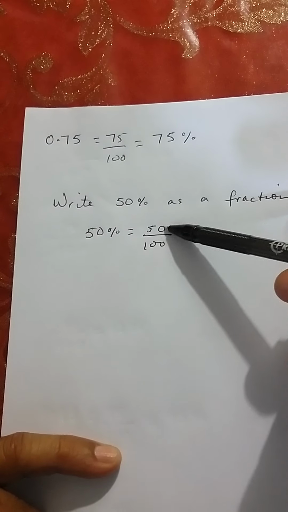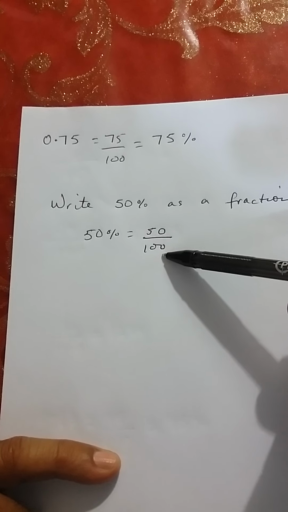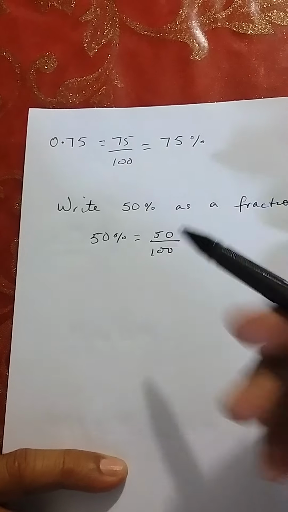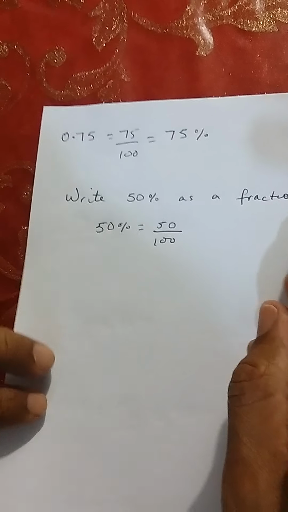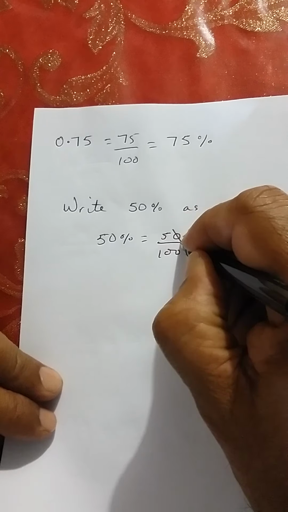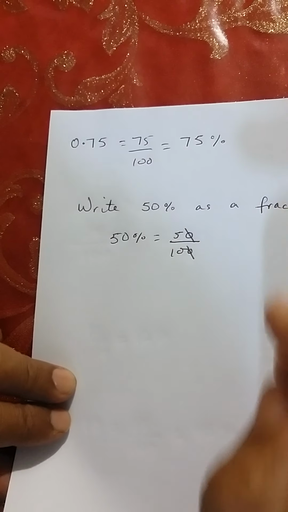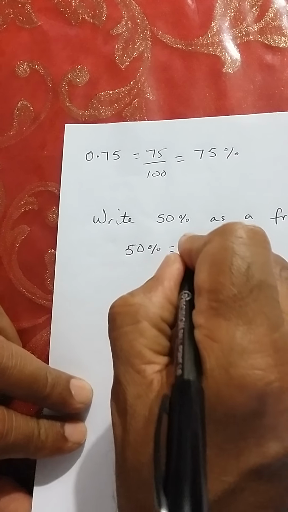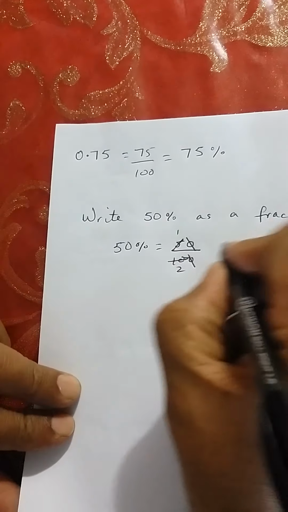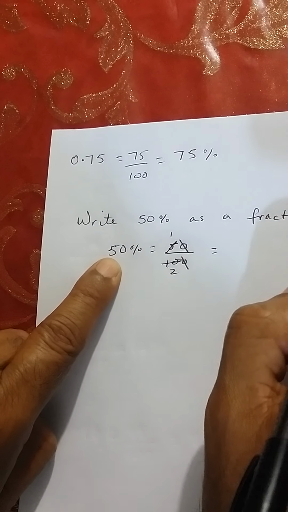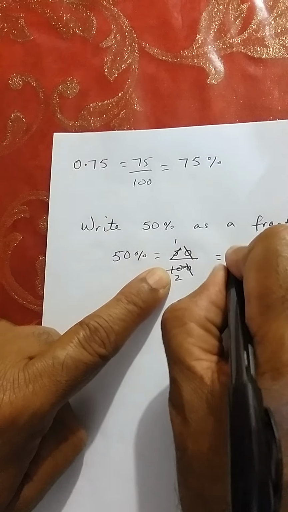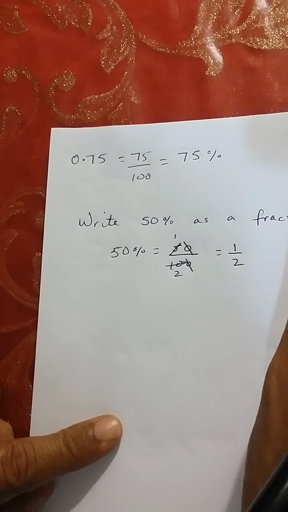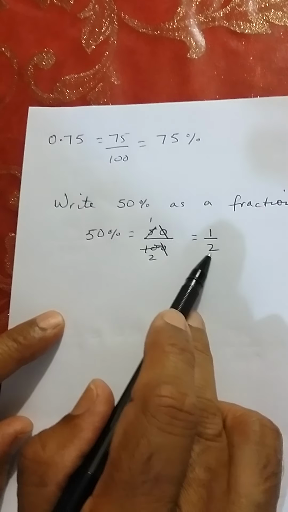But now that we have 50 out of 100, you need to remember to reduce it to its lowest term. So we divide by a common factor, and the common factor here is 10. We can reduce by dividing by 10, take off that 0. Now we have 5 over 10, so 5 into 5 is 1, and 5 into 10 is 2. So 50% is 50 out of 100, which is really 1/2.